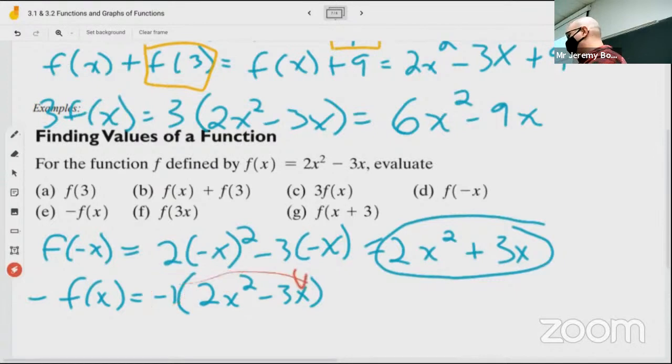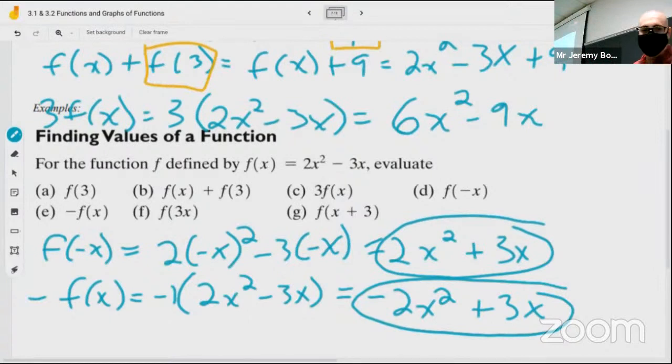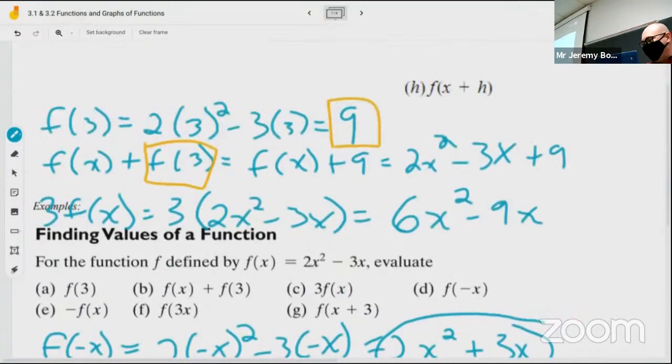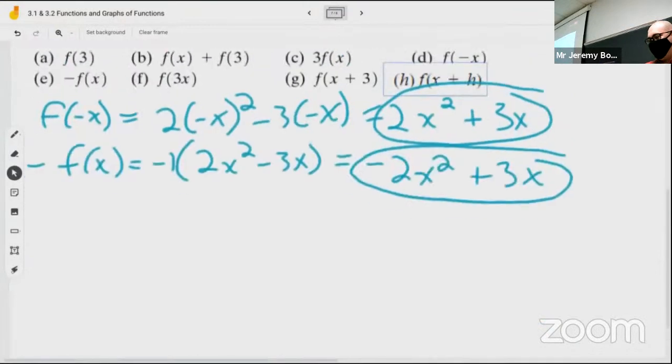It's going to distribute to 3x, and so we're going to end up with negative 2x squared plus 3x. You just change the sign on every term. Any questions on that one? Oh, I left the x plus h behind. Yeah, forgot to add it.